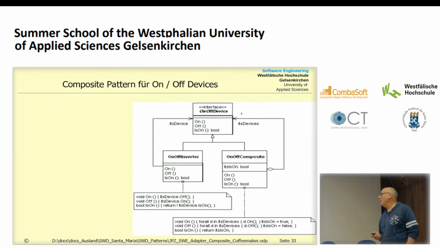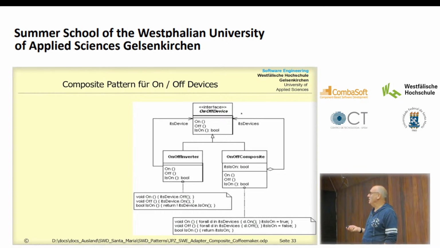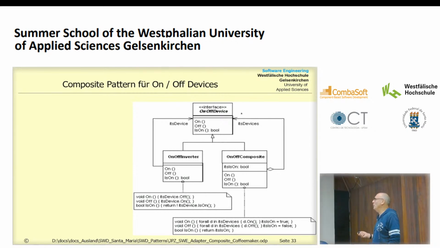So here we have the composite pattern for on-off devices, and the trick is that you have here this composite structure. It's an aggregation, and here is specialization. So the on-off inverter is a specialization as well as the on-off composite. So an on-off device is consisting of on-off inverters and on-off composites.